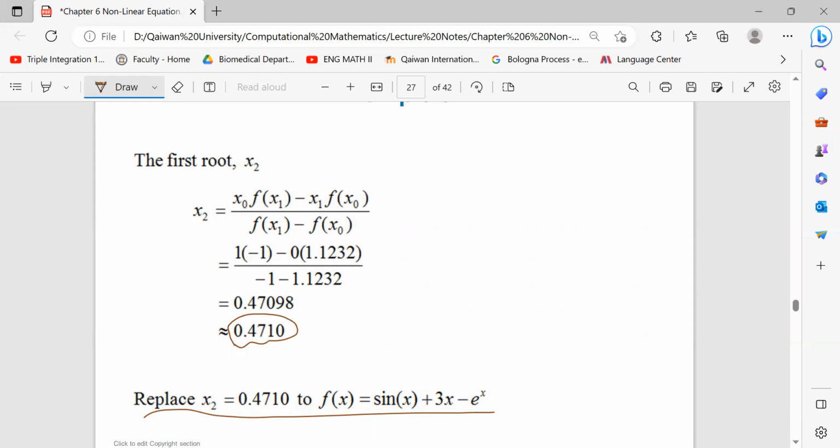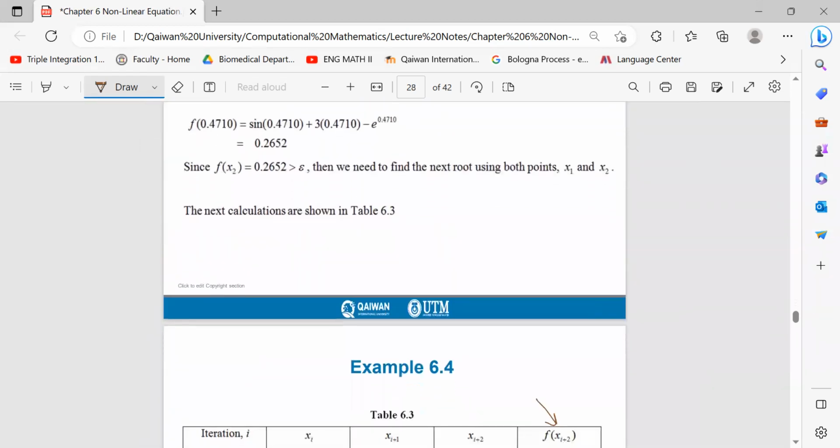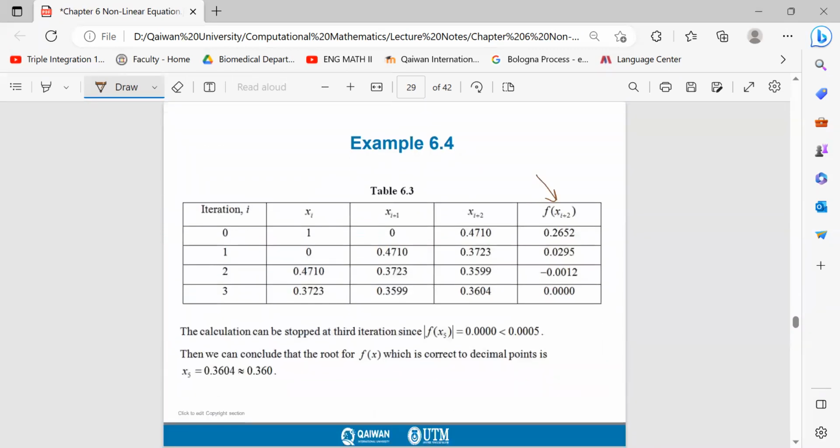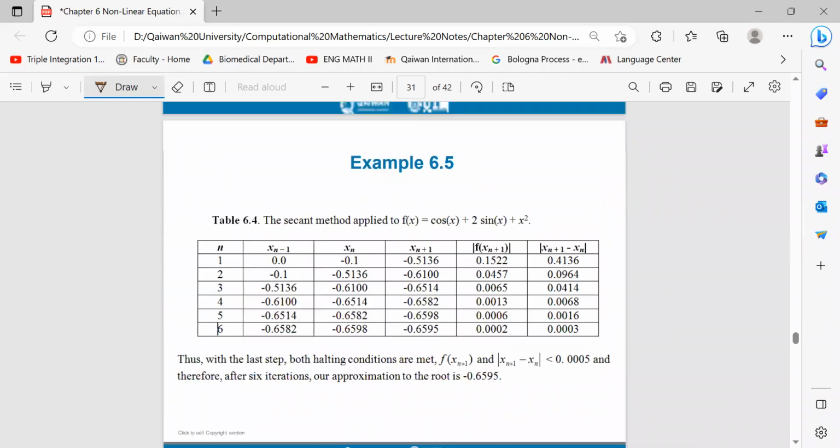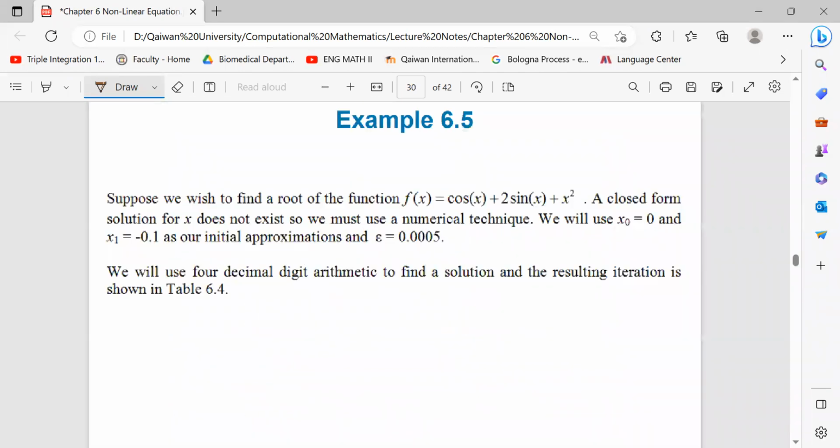If not, we continue. In bisection method, we worked on an interval. But if you have 2 points, we use secant method. But for 1 point, we use Newton-Raphson method.